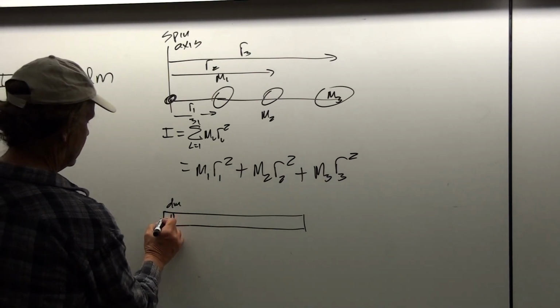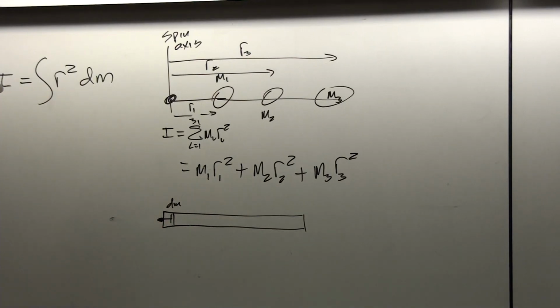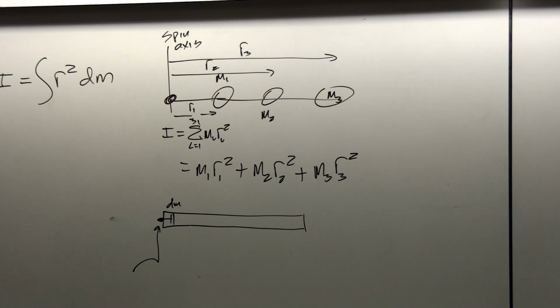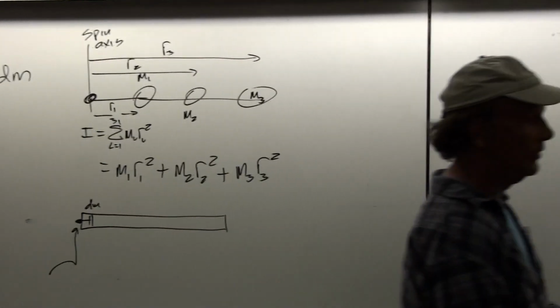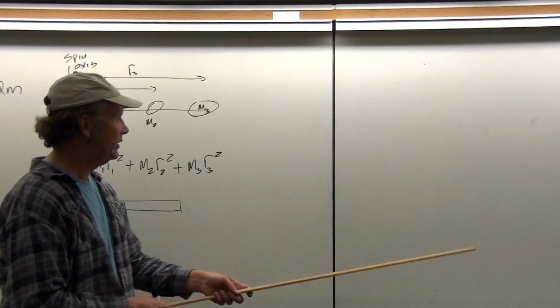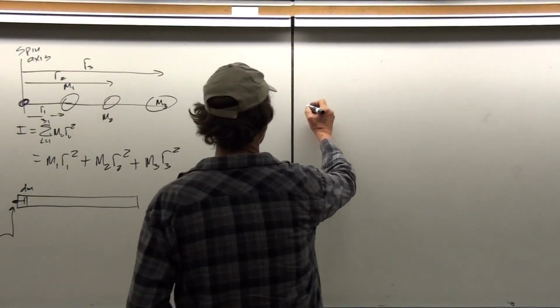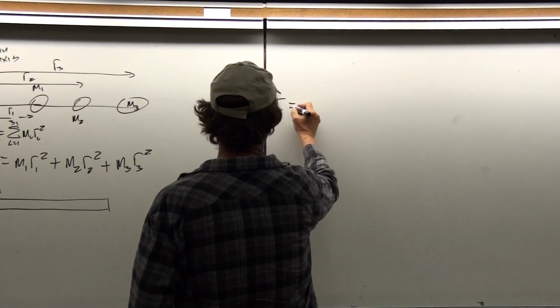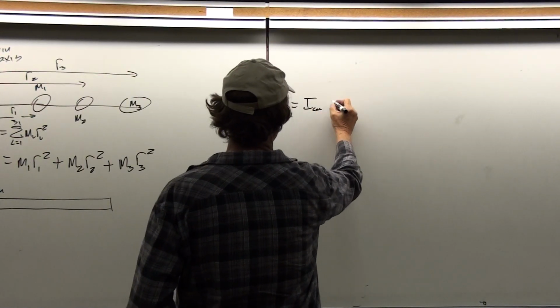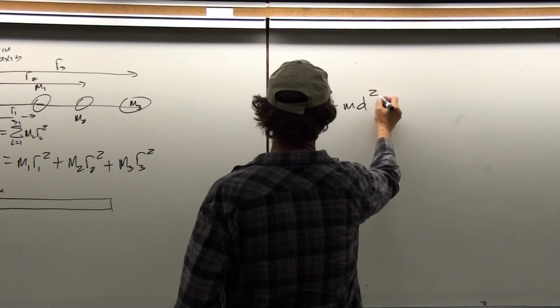What we're going to do here is figure out the moment of inertia of a rod about its end. So that would be like this, rotating this thing about its end. We already learned from the parallel axis theorem that I about the end is equal to I about the center of mass plus md squared.